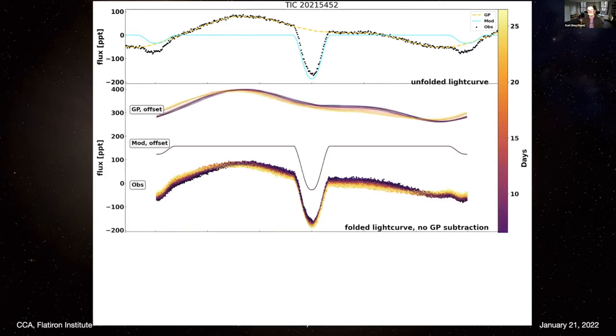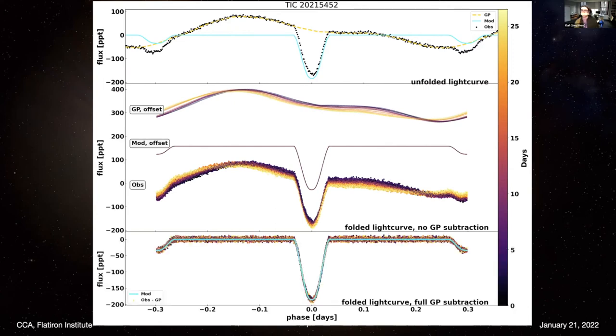And so when we fold it together, we have these really exquisite phase variations in the folded light curve, which the GP is able to pick up on and then also model out, so that when we fit the model to it, we get a very clean fit without worrying about any issues. Of course, this does mean that any interesting binary information contained in the phase curve itself isn't something we're actually looking at. We're more primarily focused right now on just binary orbital parameters.